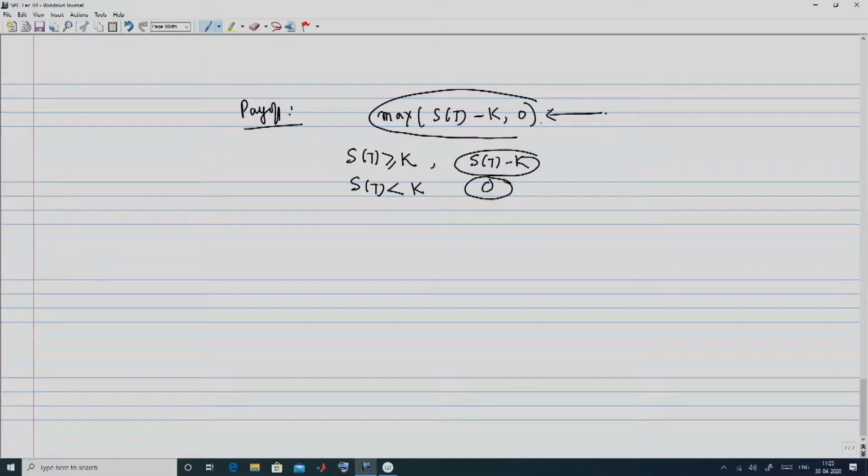Recall that in case of forwards or futures, we had S of t minus k. So, here there is no possibility of your payoff being negative. It is either going to be 0 or positive, but the payoff for the long position in a forward or a futures can become negative. So, there is a possibility that you will actually incur losses.